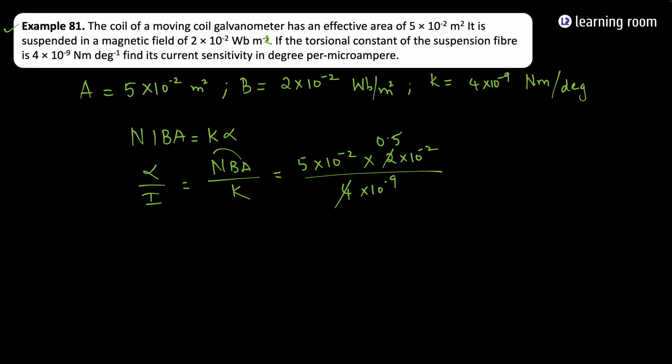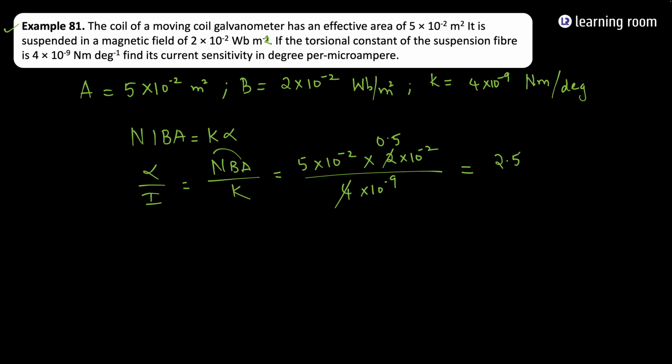So 5 into 0.5 is 2.5, so 2.5 into 10 power minus 4 divided. No, 5 into 0.5 is 2.5, right? Now I'm dealing only with the exponent values. Till now I didn't deal with it.